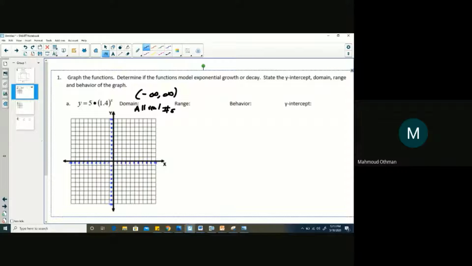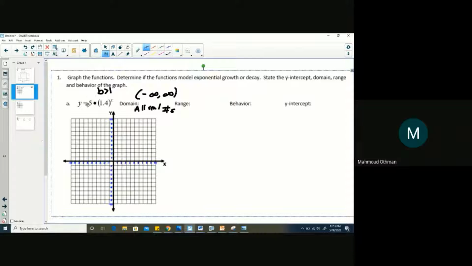First we have to determine what kind of function we have here. If we take a look at our b value, we notice that b is greater than 1, so we know we have a growth function.